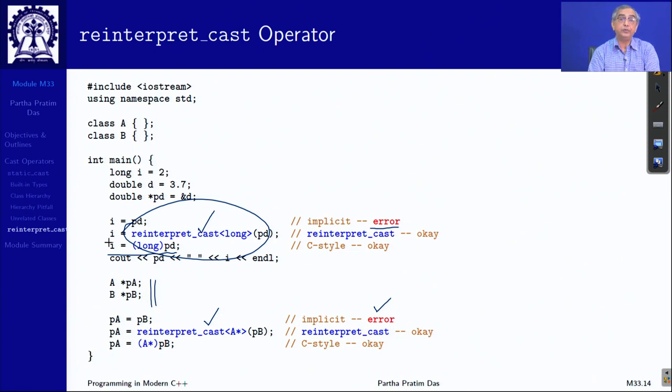So, maybe in a very huge program, there may be one instance of reinterpret cast, but usually this will never be needed if you have done your design correctly. So, if you are requiring reinterpret cast often, then ask yourself, there must be something wrong in the design.